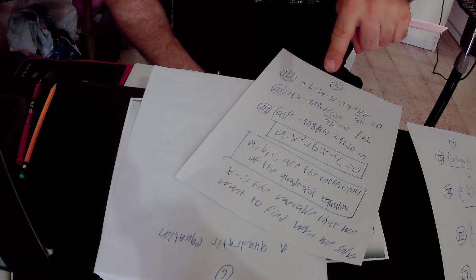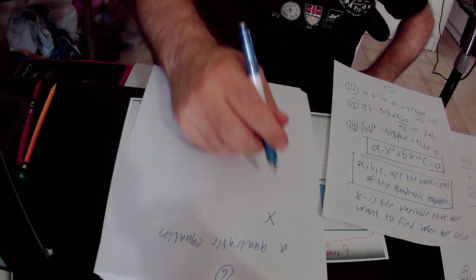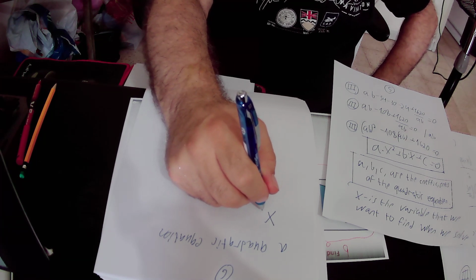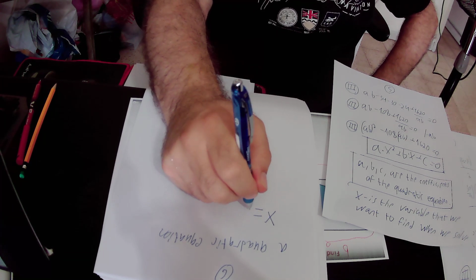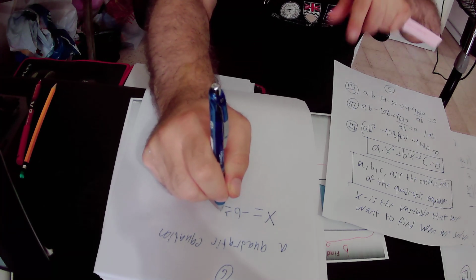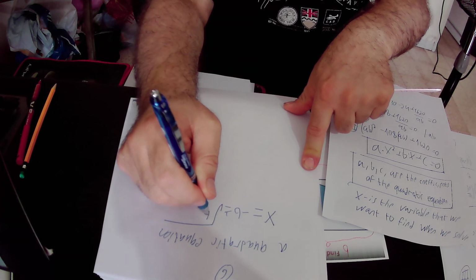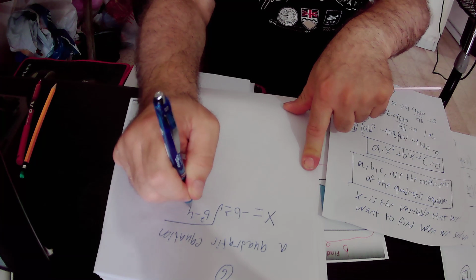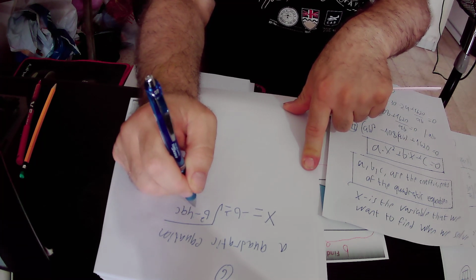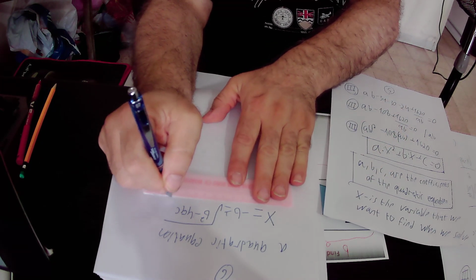This is the value of x. And the special formula to find x is x equals minus b plus or minus the root of b squared minus 4ac, divided by 2a.